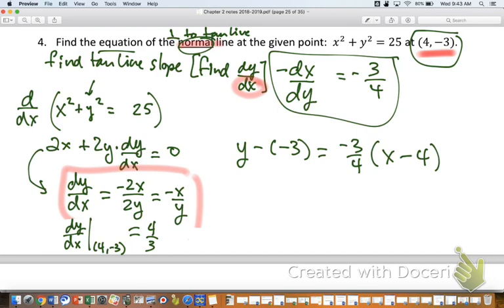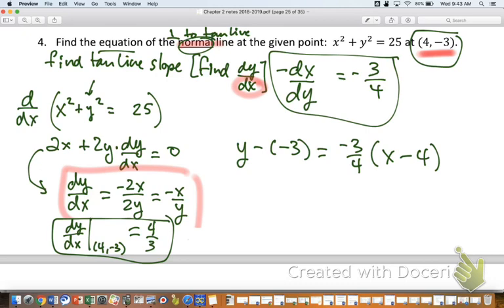Negative dx over dy. Think about it. Didn't I find that dy dx was 4/3? So if dy dx is 4/3, wouldn't dx dy just be the reciprocal of that? And negative means the opposite of that. So you could write it like that. In fact, negative dx dy would be considered the slope of the normal line.